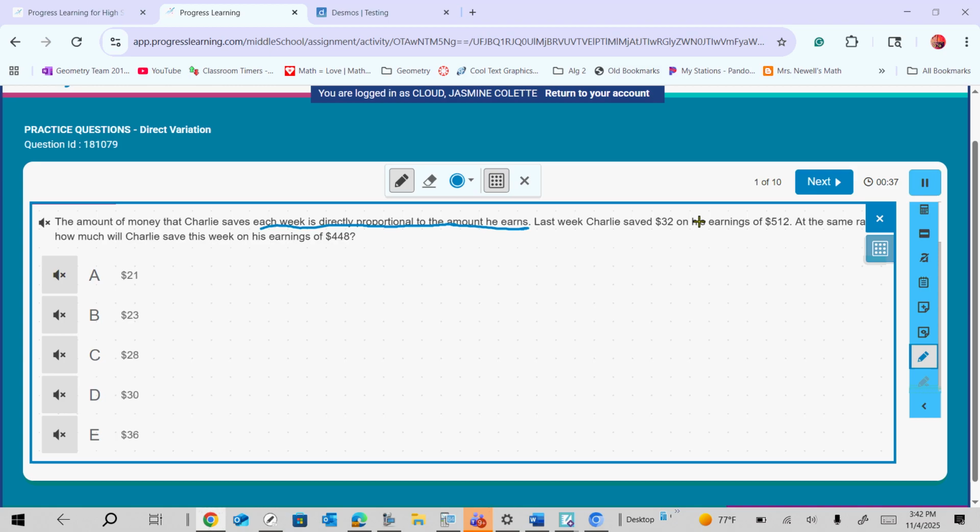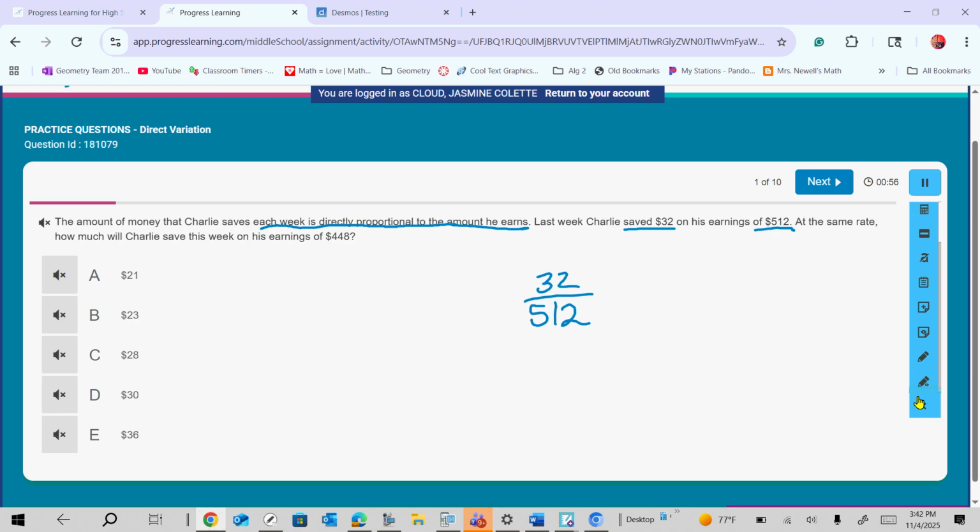So last week, you saved 32, earned 512. Saved 32, earned 512. At the same rate, that's what this says right here. Same rate, I'm going to exit out just so you can read it.